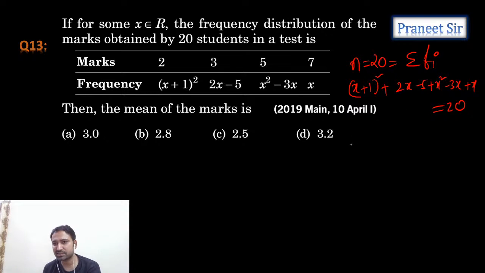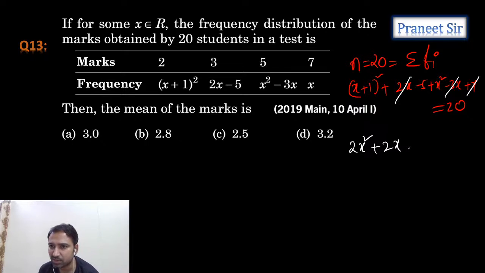If you simplify this, are we getting 2x square? So 2x minus 3x plus x gets cancelled. How much are we getting, guys? Are we getting 2x, right? And then how much are we getting? Are we getting minus 25 is equal to 0?